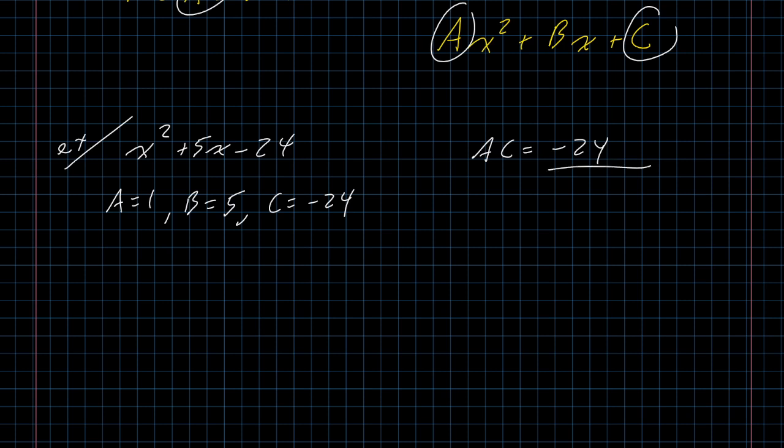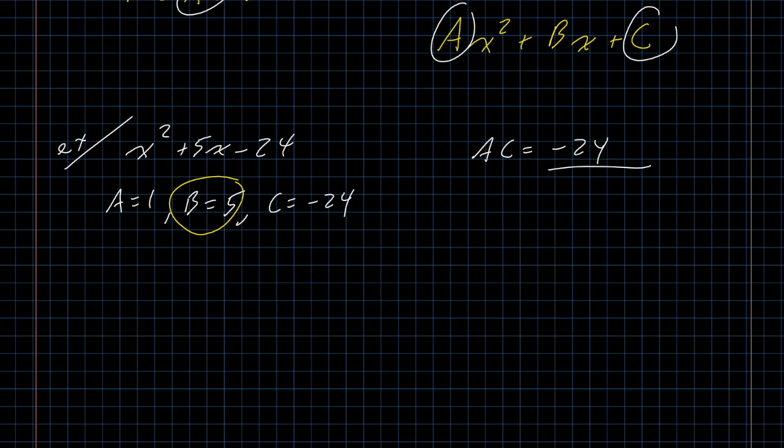Now I'm going to list all of the possible factors of negative 24. Well, actually I'm going to list half of them. I'm going to turn to the one I didn't pay attention to, b in this case. If b is a positive number, then I'm going to choose my factors so that the larger number is positive.